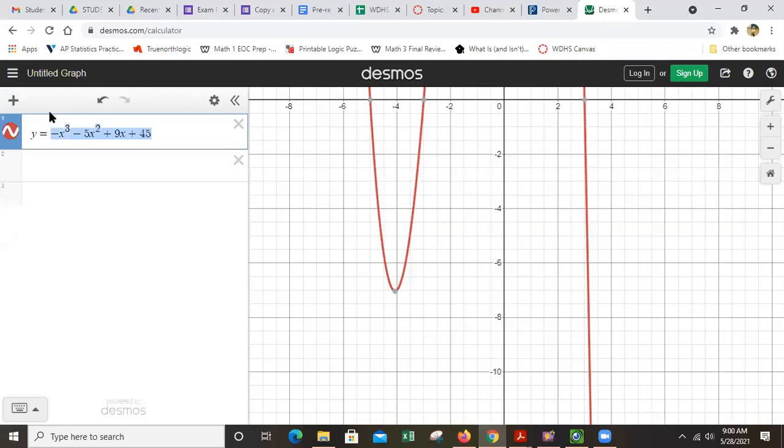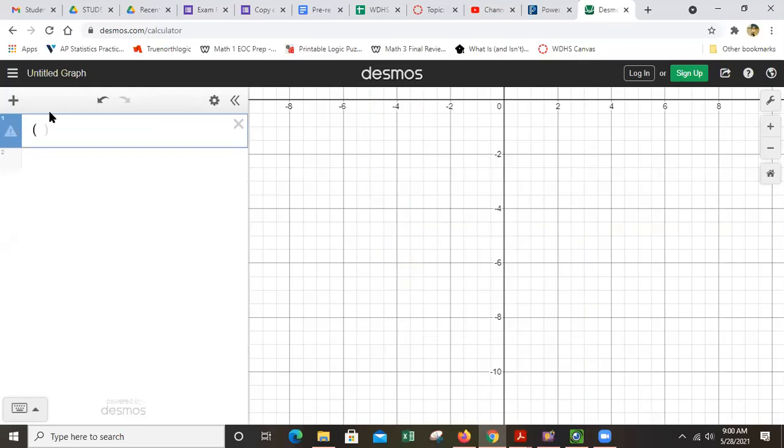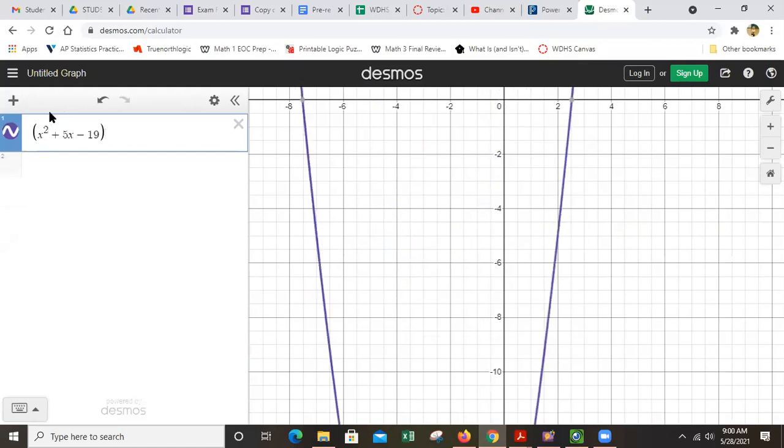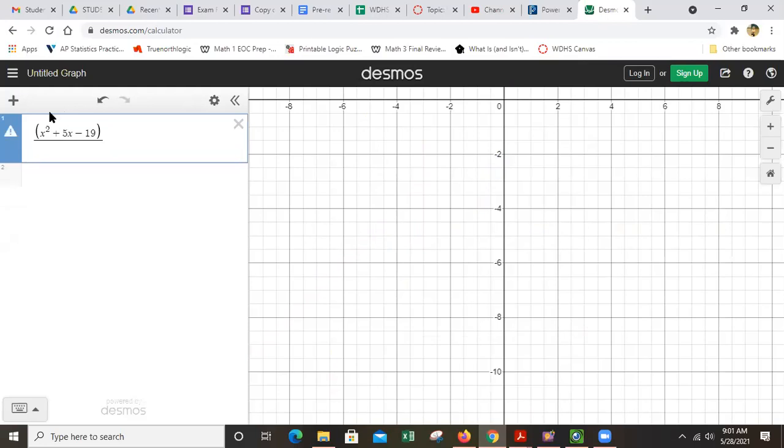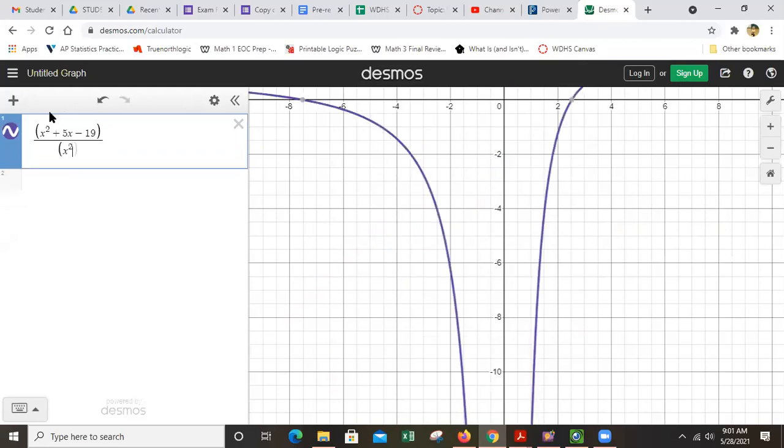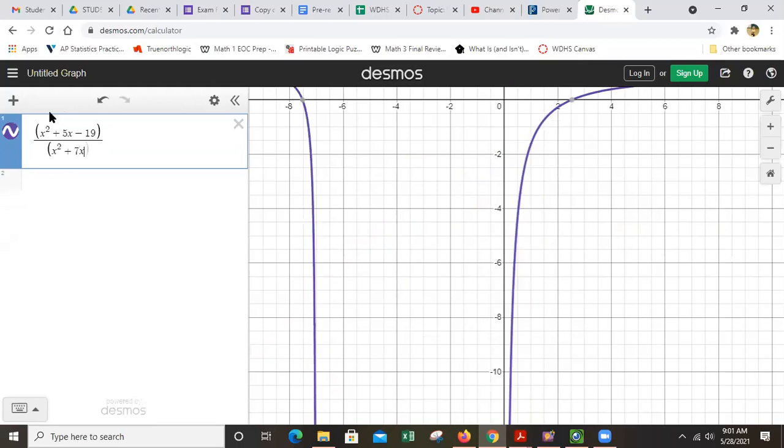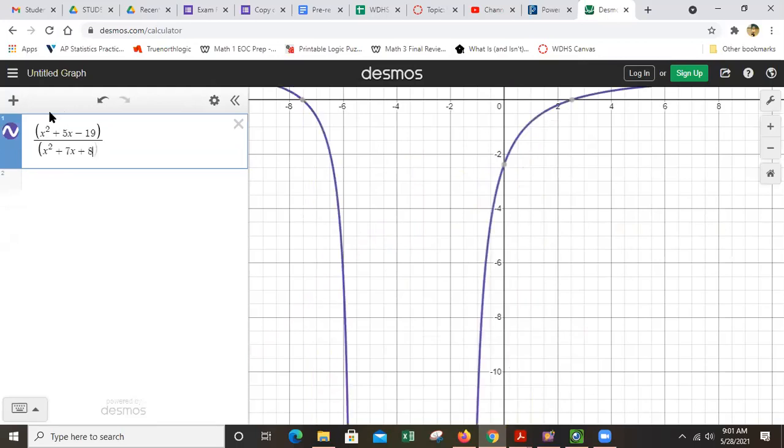So our first function is x squared plus 5x minus 19 divided by x squared plus 7x plus 8. So it looks like this, and then I'm going to start putting my answers in.